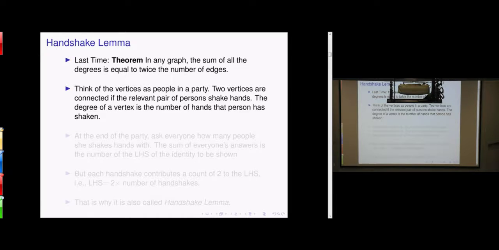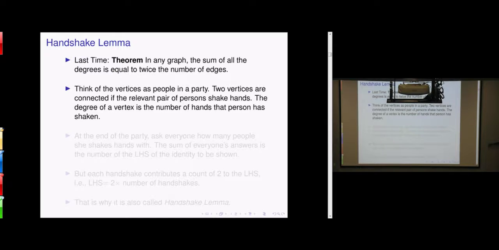So the proof, well, this is very long-winded, okay? But it's very easy. So think of vertices as people at a party. That's why it's called handshake. So 2 vertices are connected if the relevant pair of persons shake hands. Okay, so I shake hands with him, then there's an edge between us. So the degree of a vertex is the number of hands that a person has shaken.